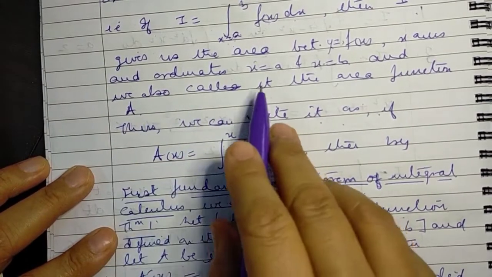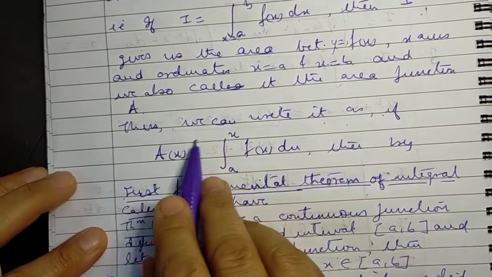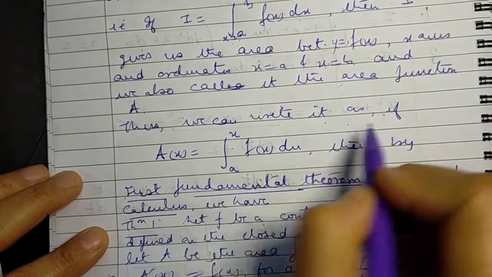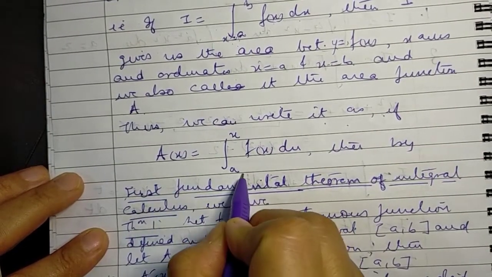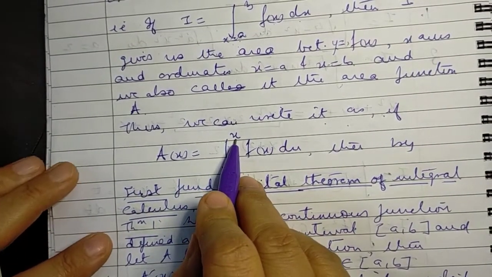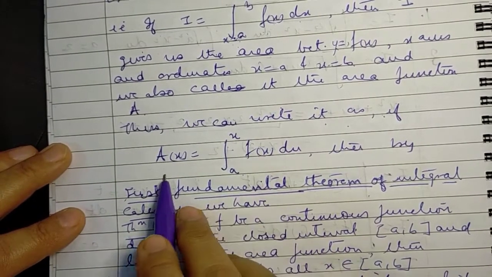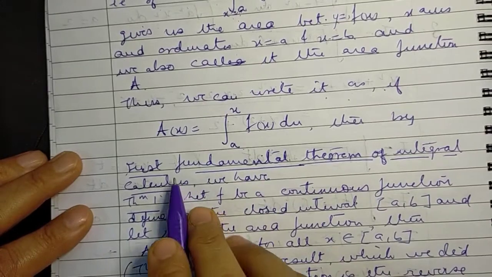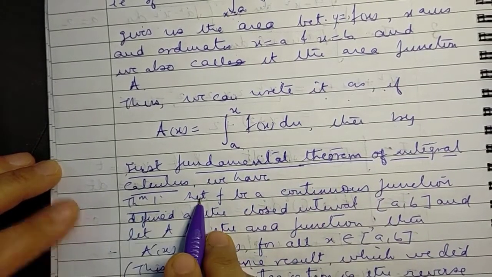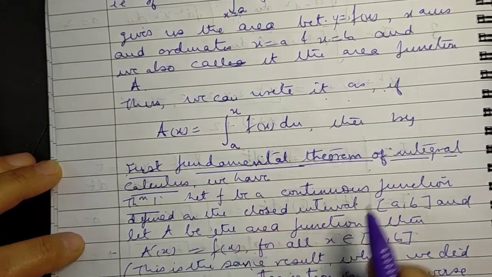We also call it the area function, and thus we can write it as A(x) equal to the integral, where instead of b I have written x so that the result comes out in terms of the variable x. Then by the first fundamental theorem of integral calculus we have the following.